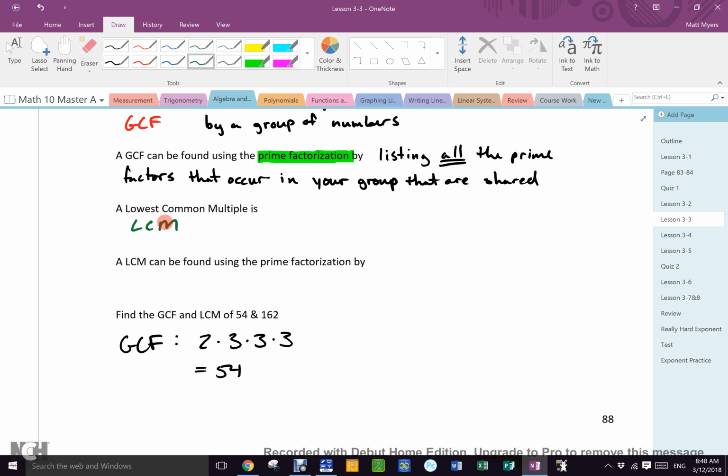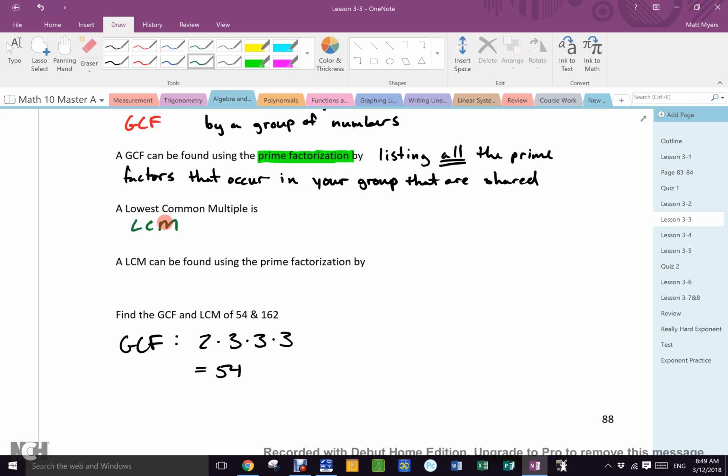This is weird because of the way the words are used. A greatest common factor, the answer to that question is the same or smaller than the numbers you are using. But a lowest common multiple is bigger or the same as one of the numbers you are using, even though we use the word lowest. Is everybody with me?